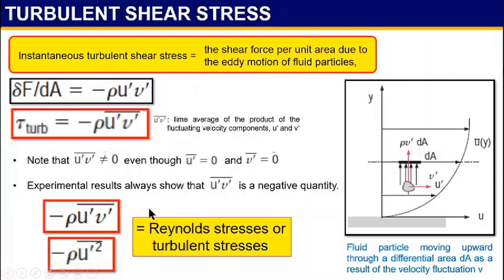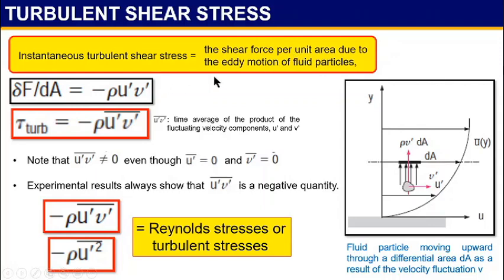Alright. So, instantaneous turbulent shear stress. What is instantaneous turbulent shear stress? It is the shear force per unit area due to the eddy motion of fluid particles, particularly in turbulent flow.